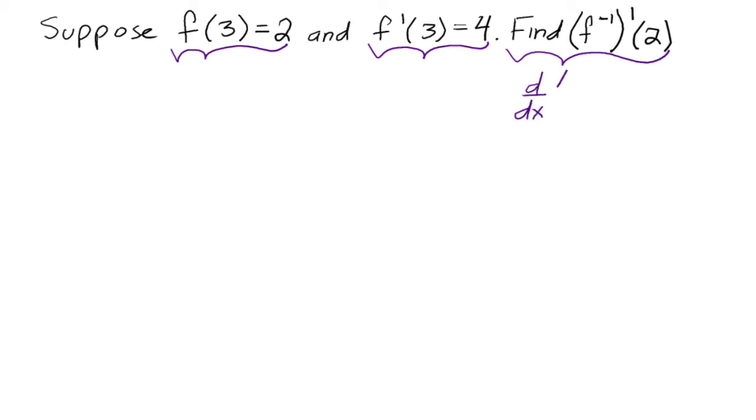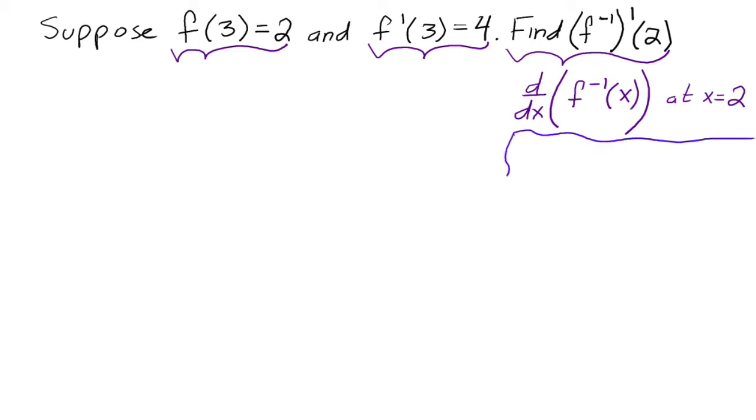If you're not comfortable with that notation, this is the same as the derivative of the inverse. There are several different ways to write this down. But this is the derivative of the inverse of f evaluated at x equals 2. To find this, we've got our formula that we derived earlier for the derivative of inverse functions.